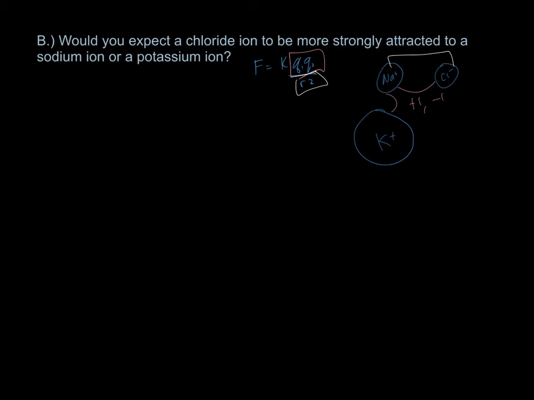So if this potassium ion has a larger radius than the sodium ion, the attractive force is going to be stronger between the sodium and the chloride because those two nuclei are closer together, making this R term smaller than for the potassium and the chloride. Therefore, a chloride ion is going to be more strongly attracted to a sodium ion.